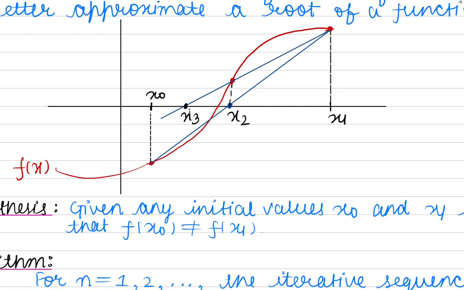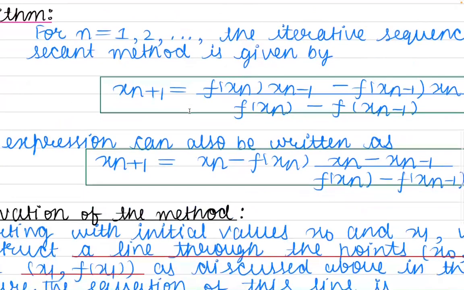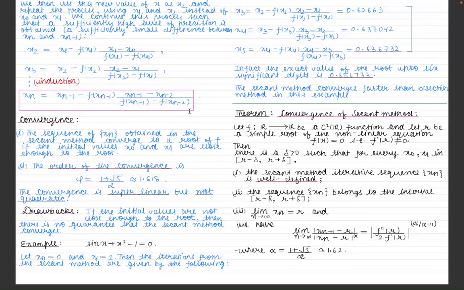So geometrically the picture is clear, and we saw this derivation of the method, and hence we discussed some convergence. So this is the full-fledged convergence of the secant method. So let us prove it. Proof.